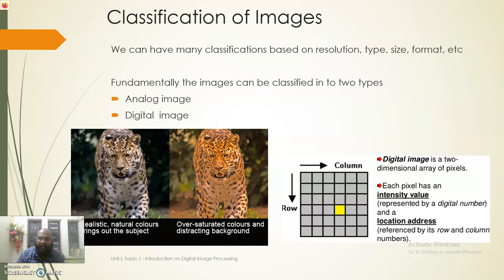Since it is a fundamental classification, we need to understand what is analog image and what is digital image. To understand the two types of images, we can see the difference.